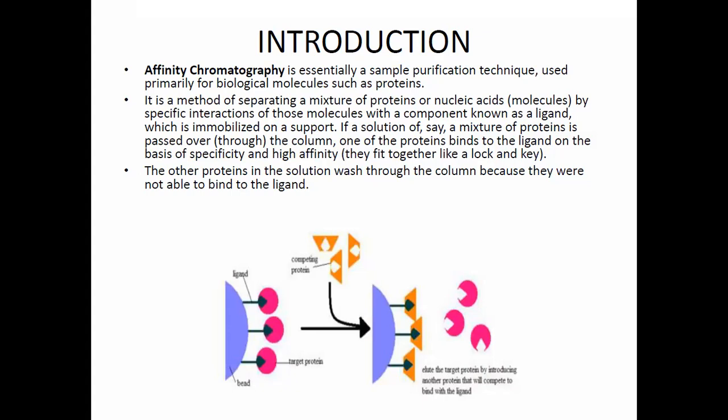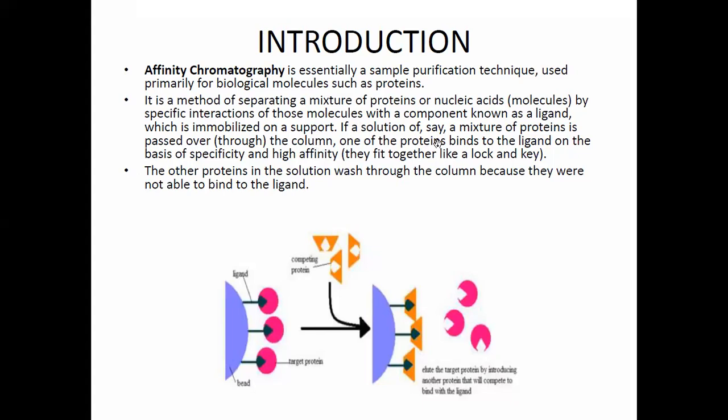Based on the targeted molecules, the molecules intended for isolation or the analytes, the selection of the proper ligands is made. So affinity means interactions. Just like the lock and key, receptor and ligand interaction, antigen antibody type of reactions take place in affinity chromatography, where the biological samples get separated out.